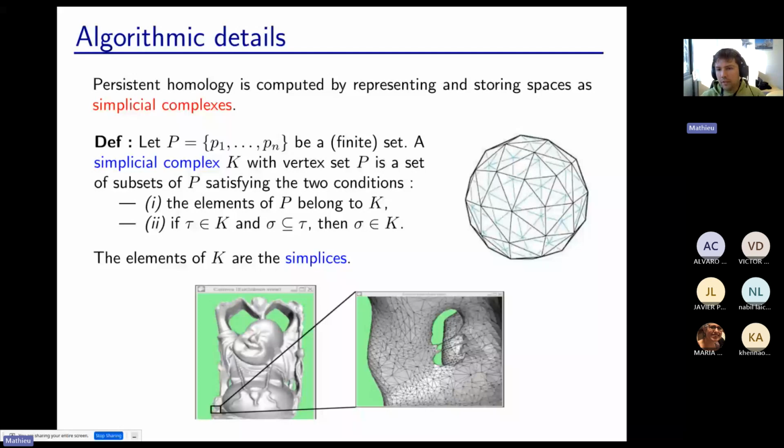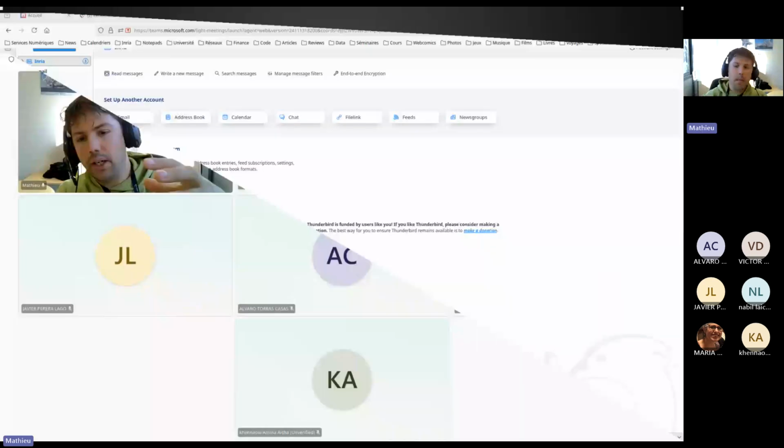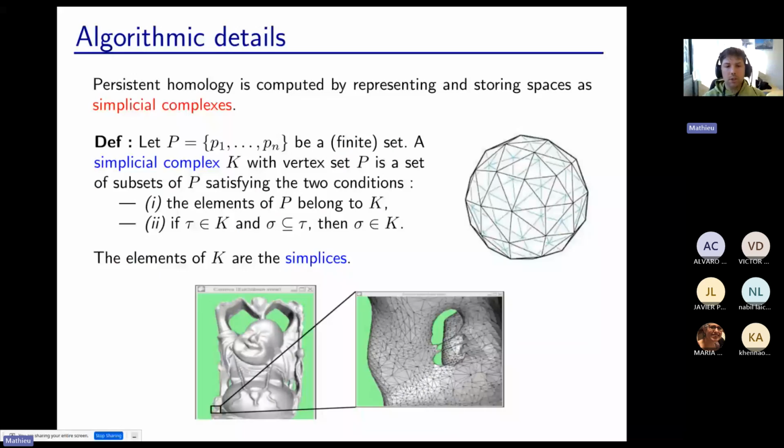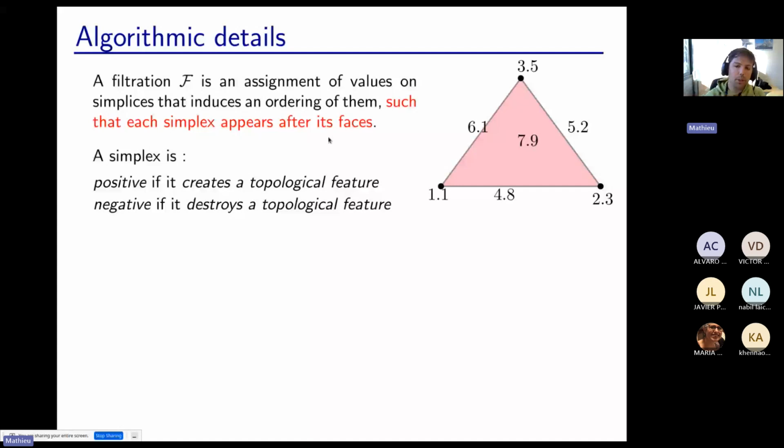But you can really think of that as a triangulation in higher dimension, where, in addition to the usual points, edges, and triangles, you have higher dimensional bricks that you call simplices. Those bricks could be, for instance, tetrahedra, and you glue them along their faces. Now, persistent homology goes with a filtration, as I described before.